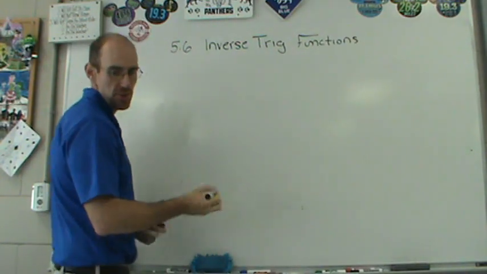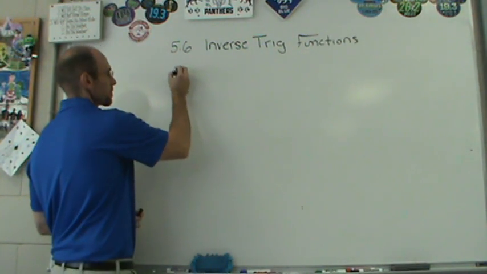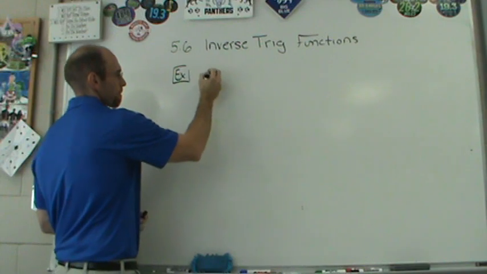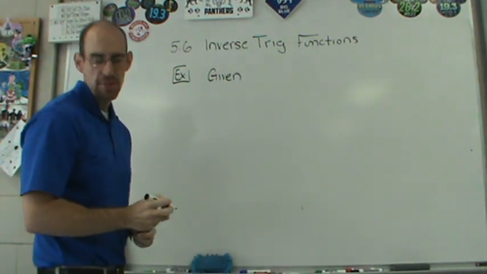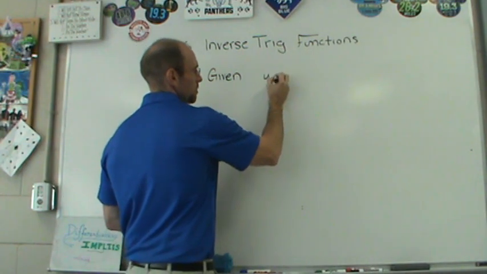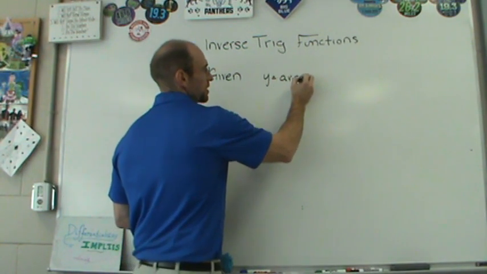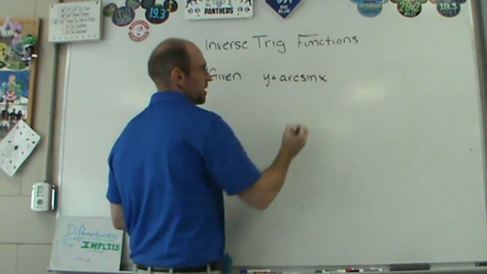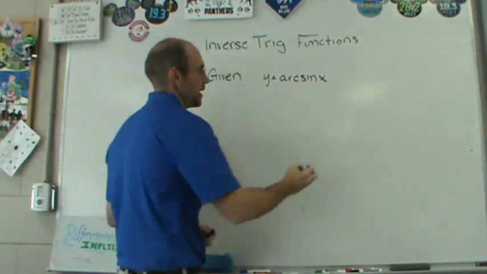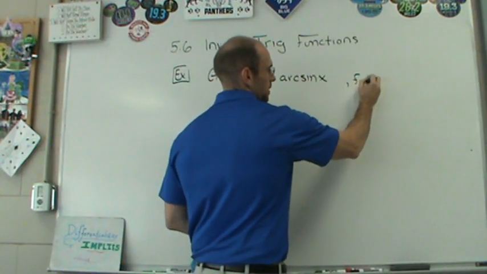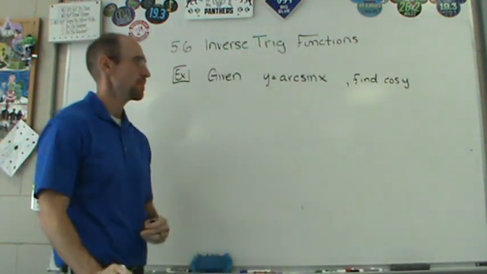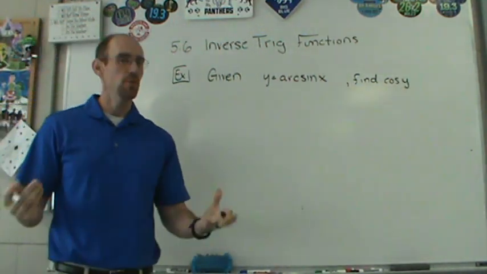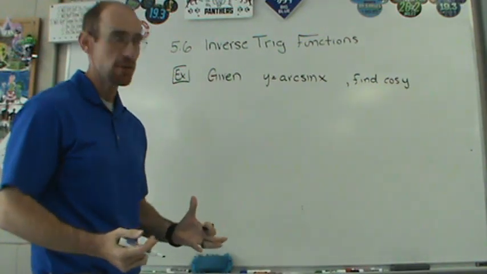All right, so given that y equals arc sine of x, find cosine of y. All right, and some of you are thinking like, what do I do here? This is crazy. I don't even know.